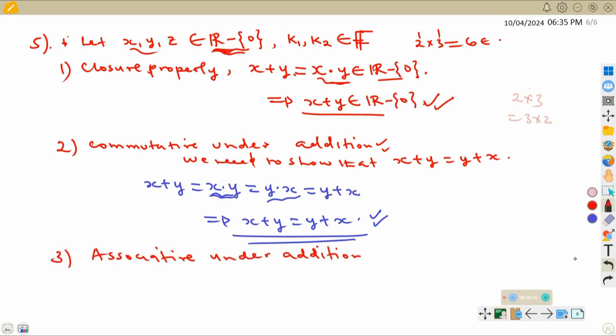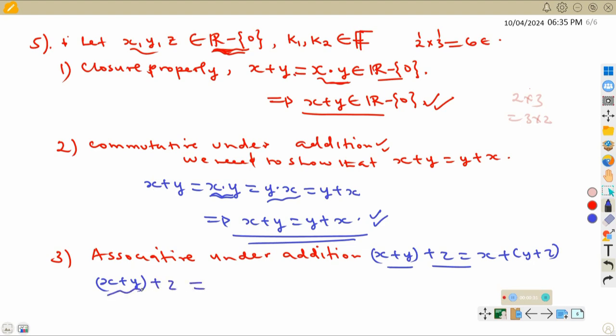So let us talk about the next one, which is associativity and addition. Under this, we are interested in showing that (x plus y) plus z is the same as x plus (y plus z). If we need to show this, we shall start with one side. So let us consider (x plus y) plus z.